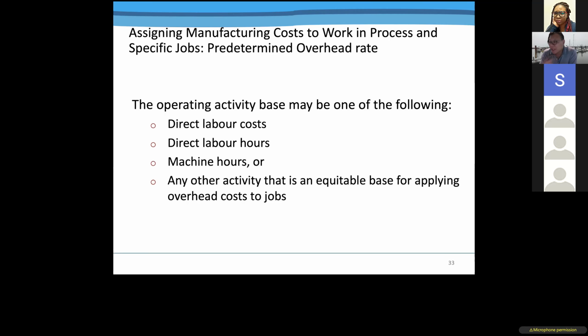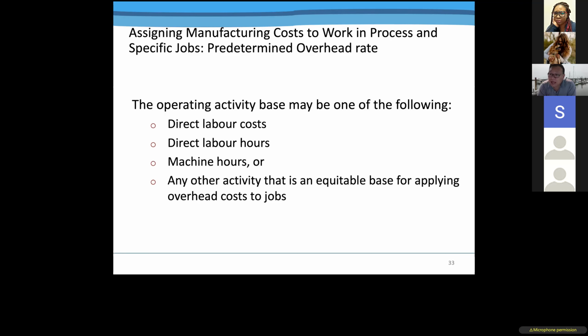So then you can apply it, but you have to make sure this base is appropriate. There has to be a reasonable ground to believe that this is a reasonable cost base to drive that manufacturing overhead. Would delivery of materials count? Probably not, because this activity has to be a production-related activity.